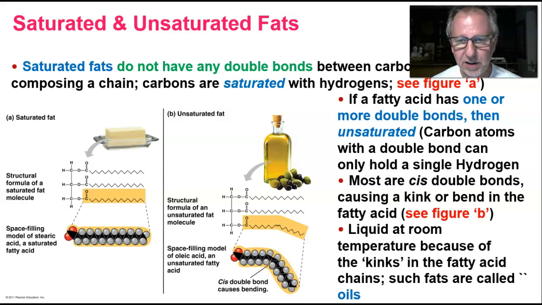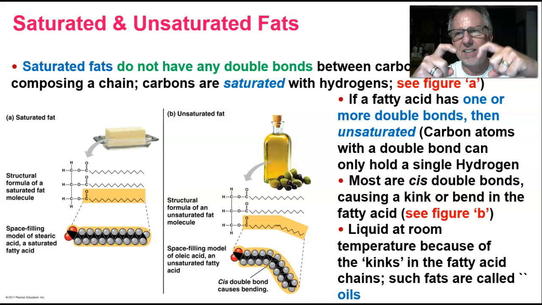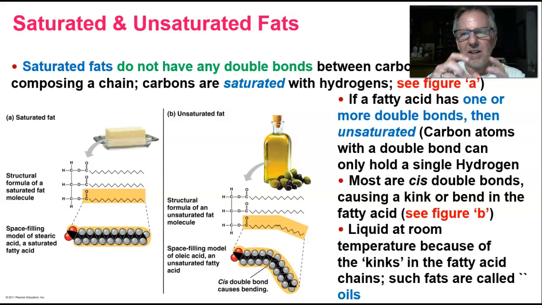Now, unsaturated fats don't stack together neatly like pieces of paper, but because the fatty acids are bent or kinked, they're kind of in a jumbled mess, kind of like crumpling up pieces of paper into little balls, and you try to stack them, they're not going to stack nicely, you know. And so unsaturated fats, because they don't stack so neatly at room temperature, meaning like 72 degrees Fahrenheit, they're liquid.